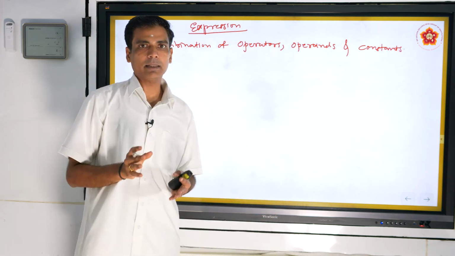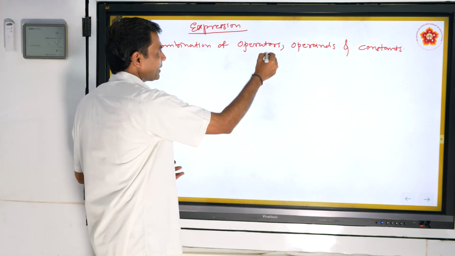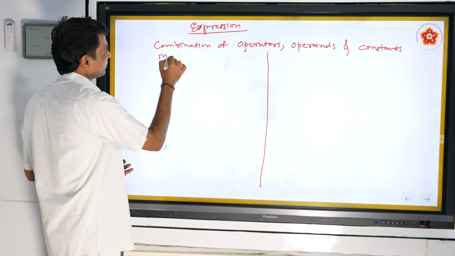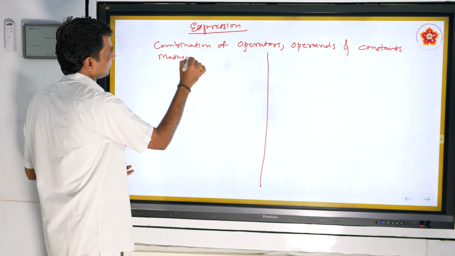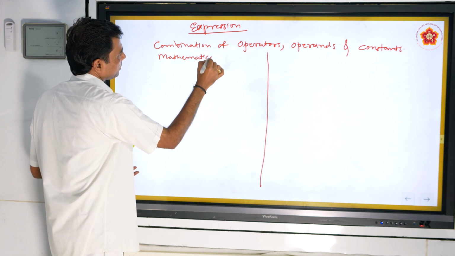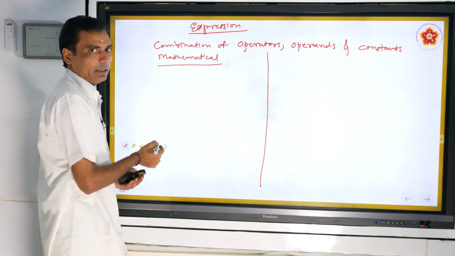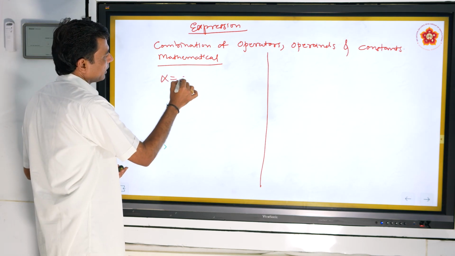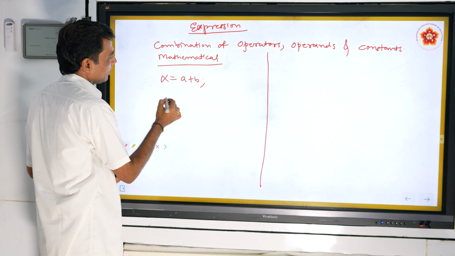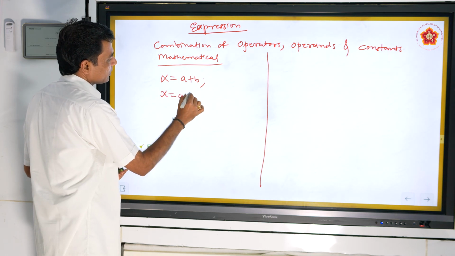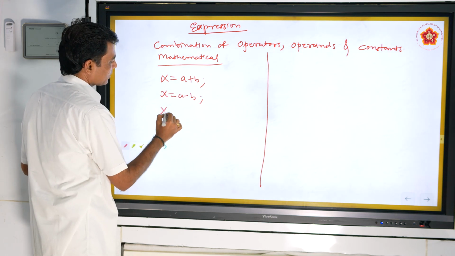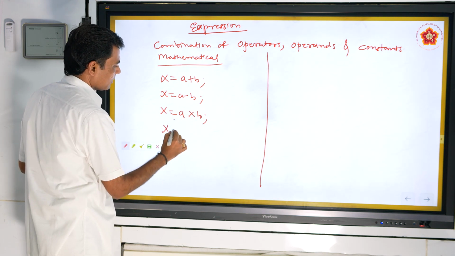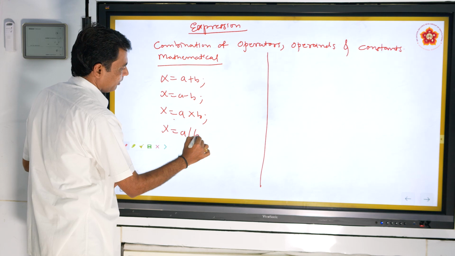I am talking about the mathematical expression. So we will see here some typical, simple mathematical expressions I am writing here. Simply say x is equal to a plus b, x is equal to a minus b, then x is equal to a into b and x is equal to a by b.